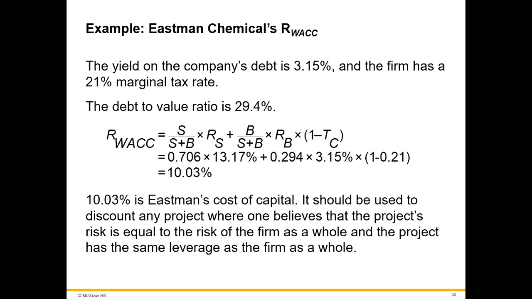So 10.03 is the overall weighted average cost of capital. It should be used to discount any project where one believes that the project's risk is equal to the risk of the firm as a whole, and the project has the same leverage as the firm as a whole.